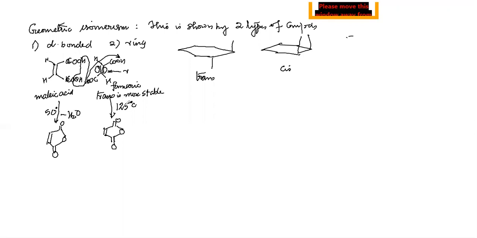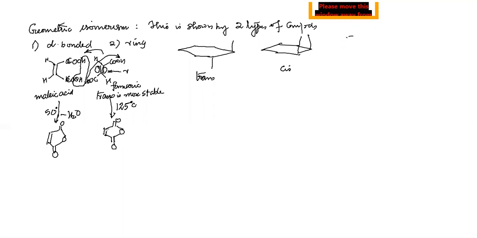When you increase the temperature, the double bond is getting broken and the molecule rotates and forms this compound. And then a molecule of water is eliminated instantly to form the maleic anhydride. So if you heat maleic acid or fumaric acid, you will get only maleic anhydride.